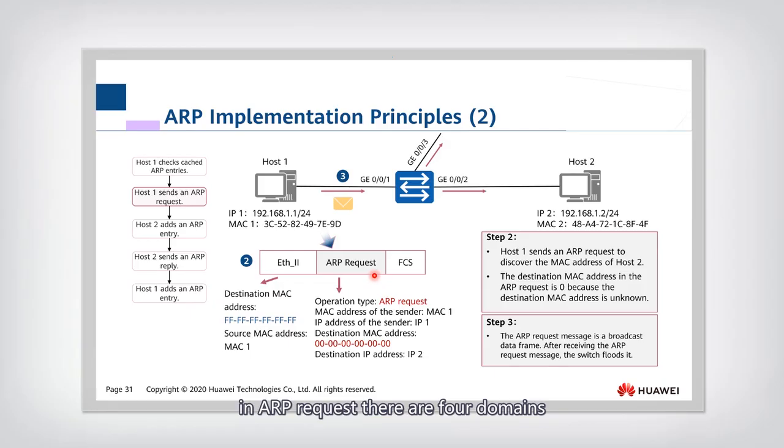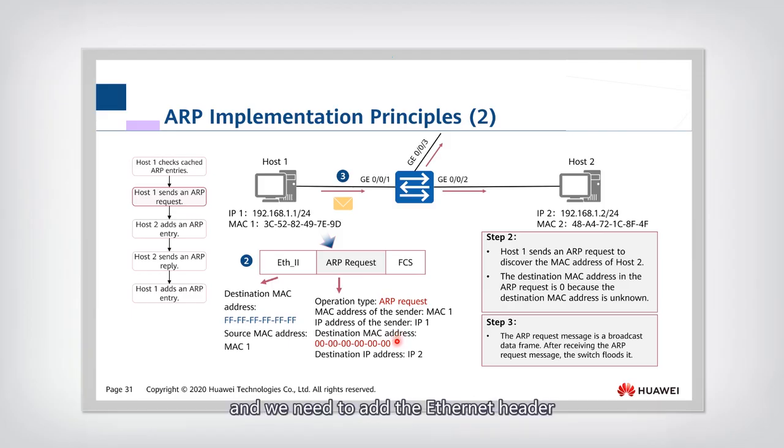In an ARP request, there are four fields, which are MAC1, IP1, the IP and MAC of the sender, and also the IP and MAC of the receiver. But as he doesn't know the MAC address of the receiver, here he simply writes all 0.